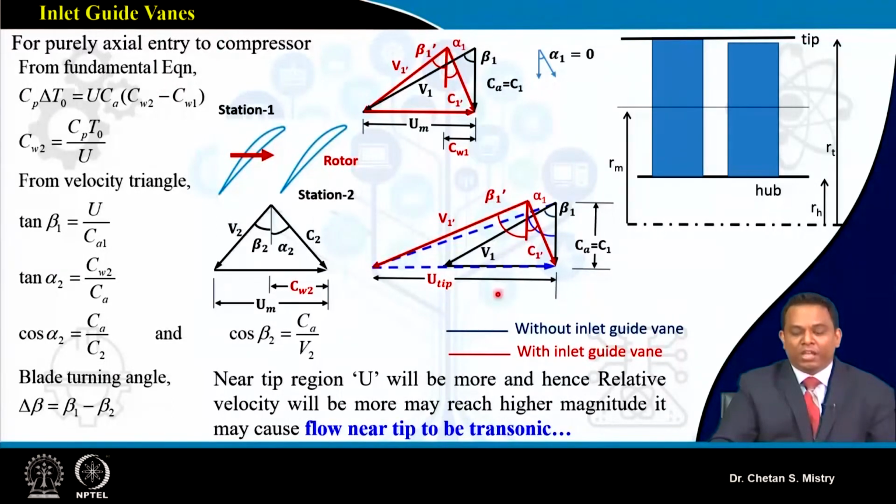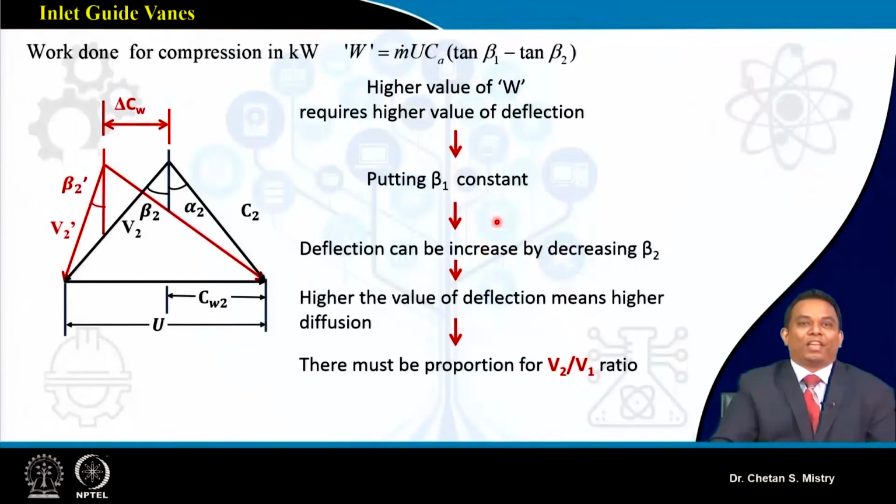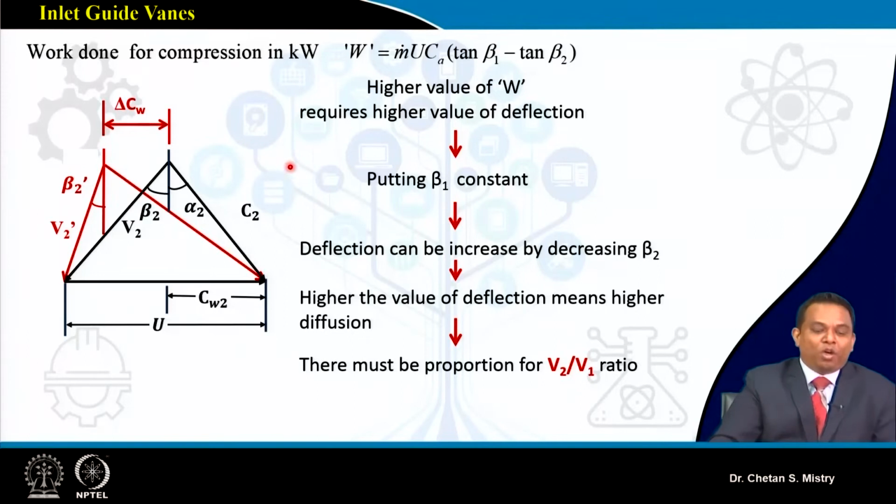Here if you look at this red color, that represents what is happening with inlet guide vanes. Now let's move to the next step. My work done for the compression is represented by m dot into Ca u (tan beta 1 minus tan beta 2). Suppose we are looking for high work, that means you are looking for high compression ratio.